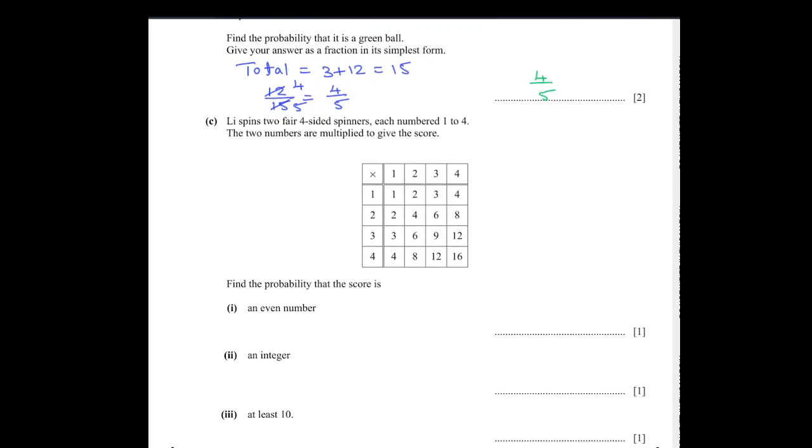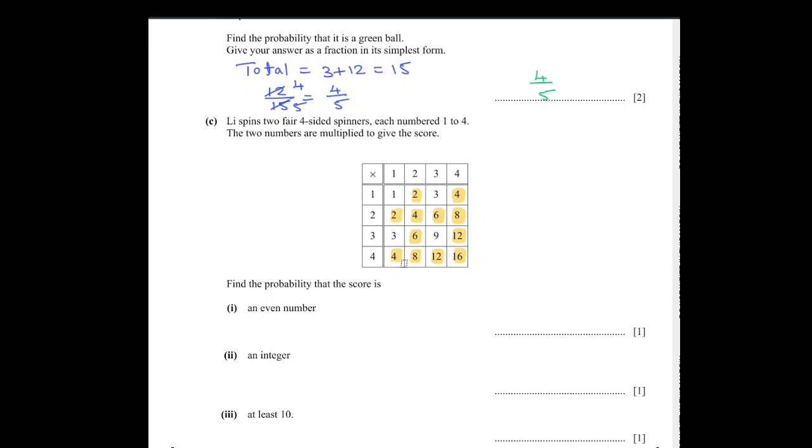Now we need to check the even numbers out of this. So even numbers will be 1, 2, 3, 4, 5, 6, 7, 8, 9, 10, 11, 12. There are 12 even numbers out of these 16 numbers. See, 4 into 4, 16.